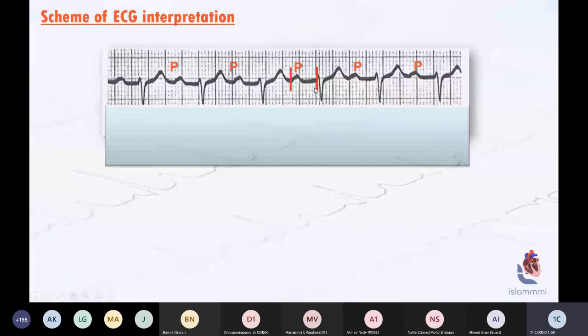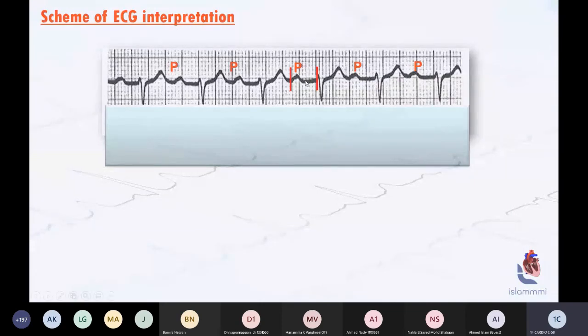As we said before, the normal PR interval should not go above 5 small squares. Let's count here: 1, 2, 3, 4, 5, 6, 7.5. So as long as we have a P wave followed by QRS, it's fine. This is not the second degree or third degree. This is the first degree.